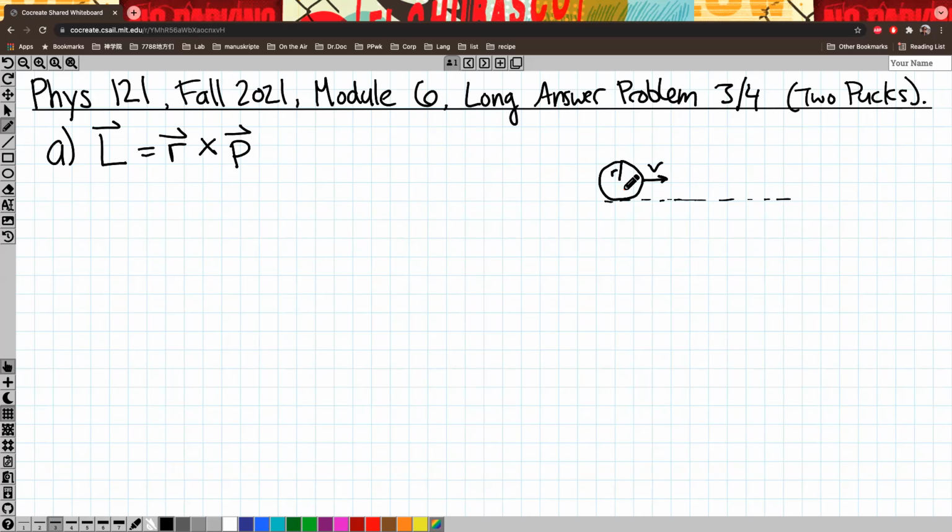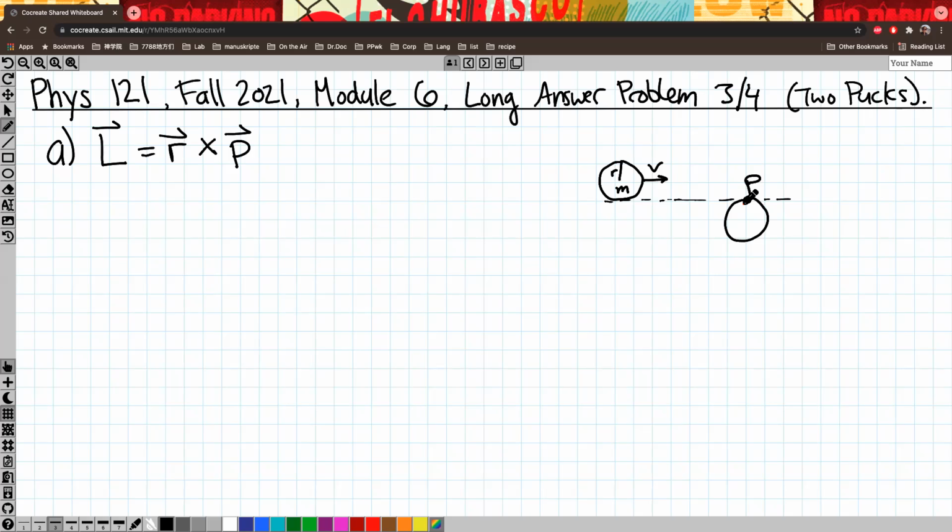So there's a radius r and a mass m. And then we have this point P. There's some distance between this object and P. So it has linear momentum P, and it has some angular momentum around this point P, right? How do you think we would go about this?